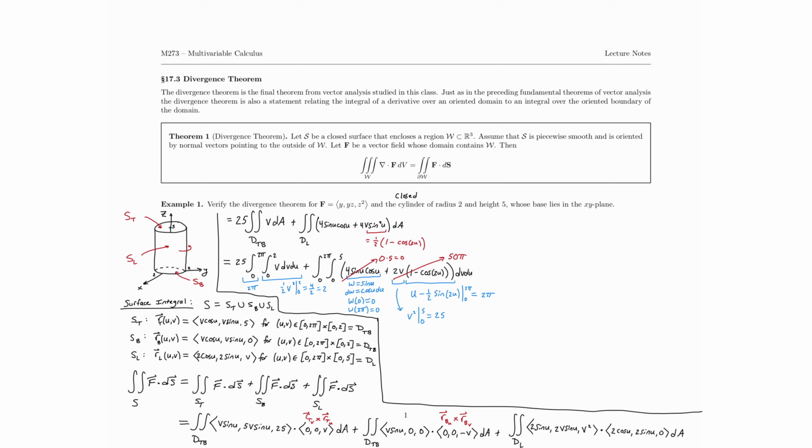So the full thing, this whole integral turns into 25 times 2 is 50. 50 times 2 pi is 100 pi. So this would be 100 pi. So at the end of the day, this entire thing is 150 pi.